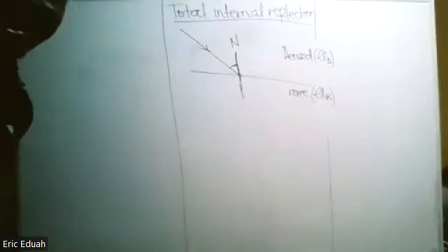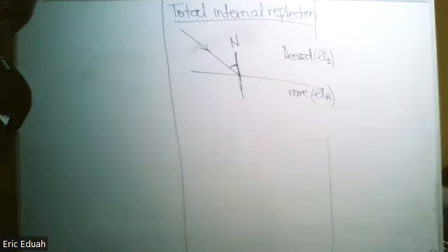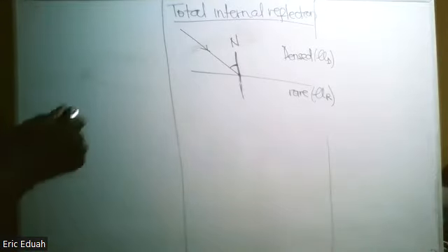Irene, are you there? Please, can you come again? What is the name given to the angle between the normal and the incidence ray? Angle of incidence. That's the angle of incidence, I.